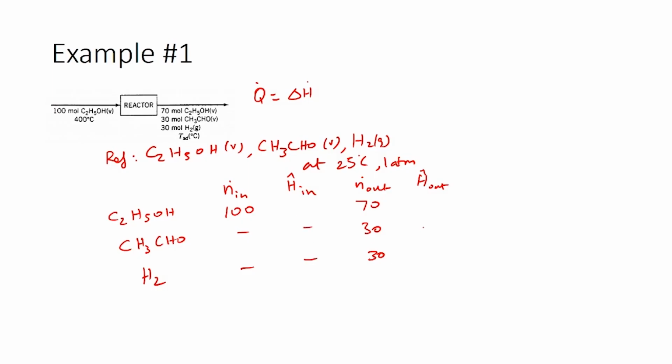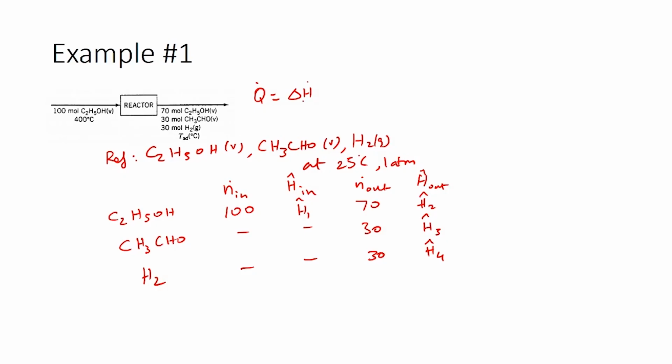We need to calculate the enthalpy for all the components because they are coming in at 400 degrees Celsius in the inlet, and the outlet we do not know the temperature. So, obviously, we have to identify the enthalpies for all these components. We will call them H1 hat, H2 hat, H3 hat and H4 hat. Our goal is to calculate these and use them in the delta H dot equation.